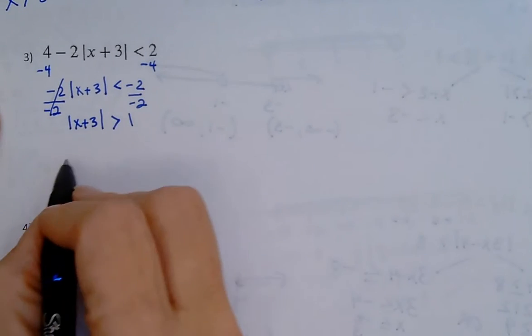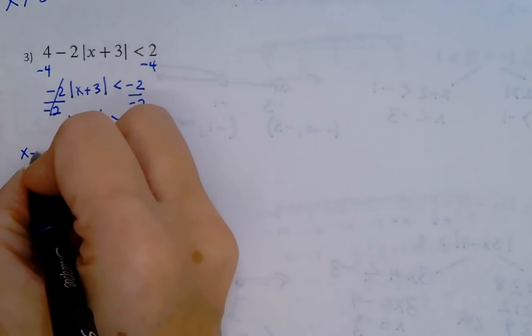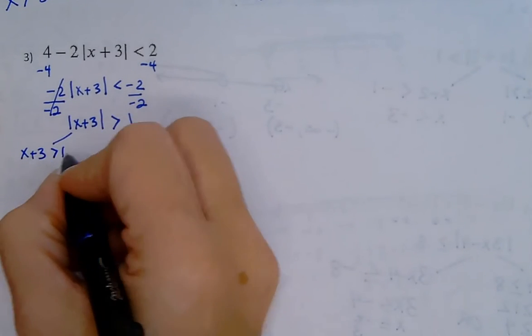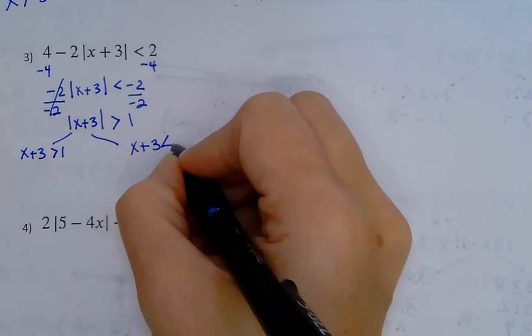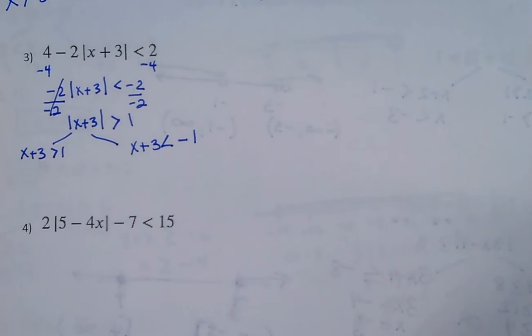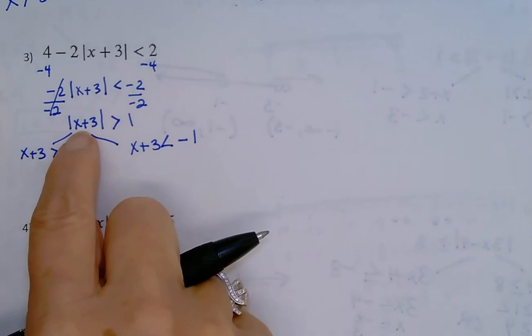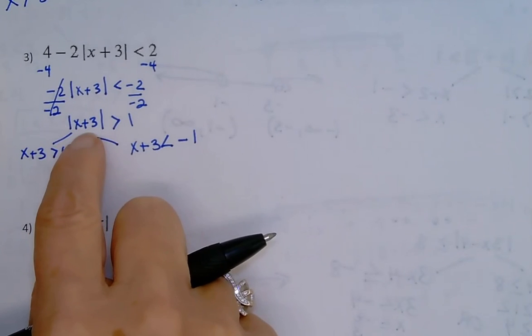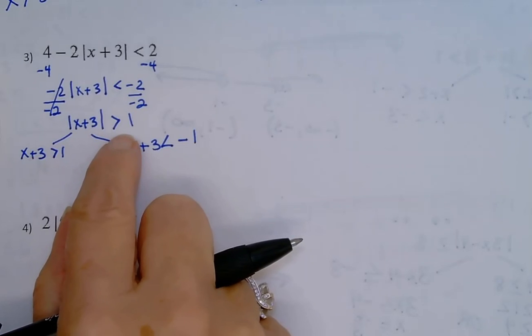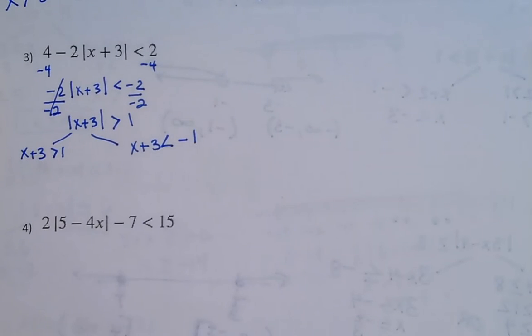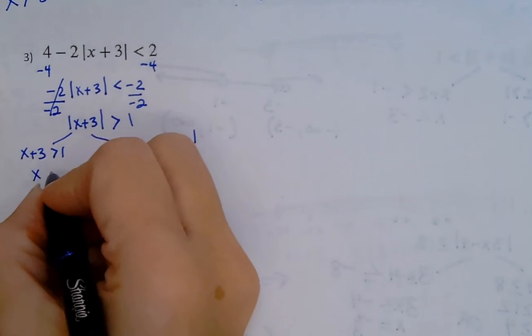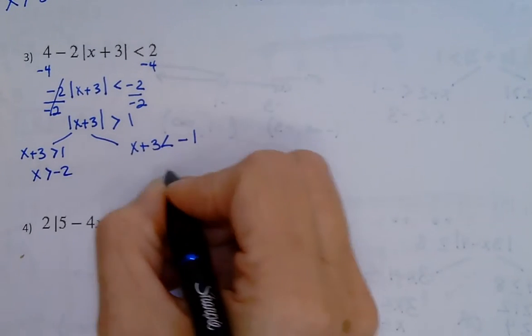Now I will split: x plus 3 is greater than 1, or x plus 3 is less than negative 1. Okay, I isolated, and my absolute value, once it's isolated, is greater than 1, so I know it's an or statement. Okay, subtract 3 from each side, x is greater than negative 2.